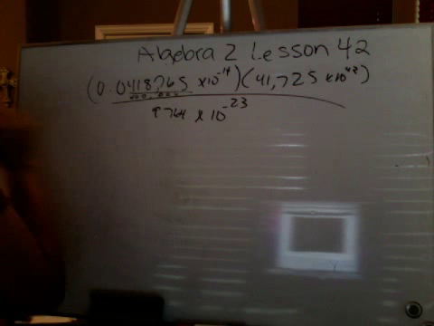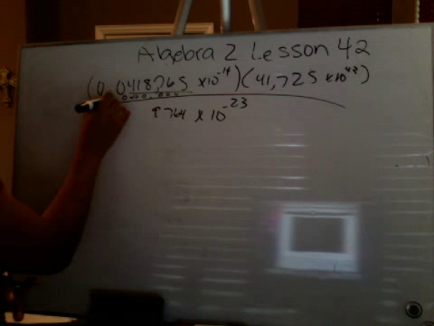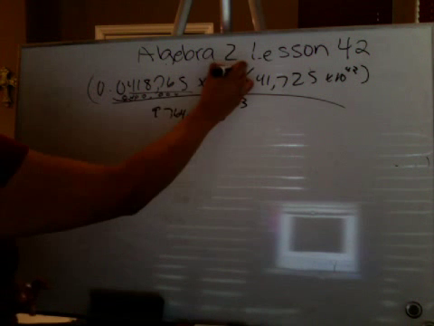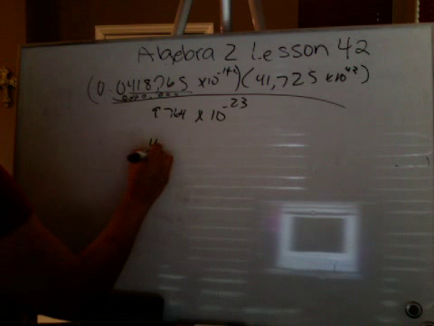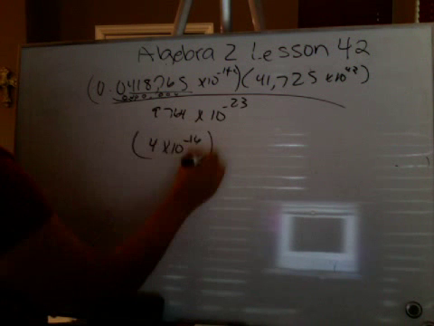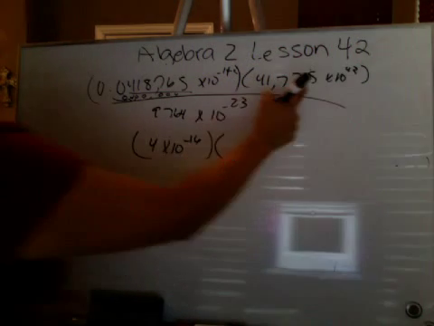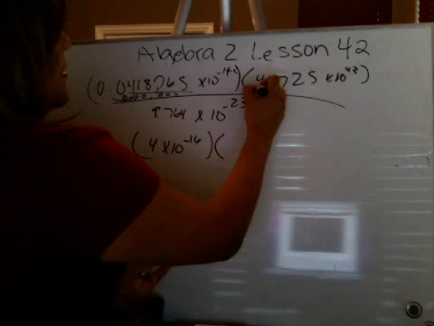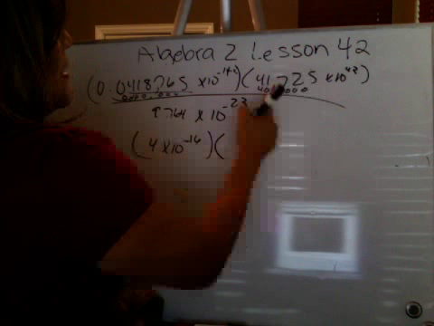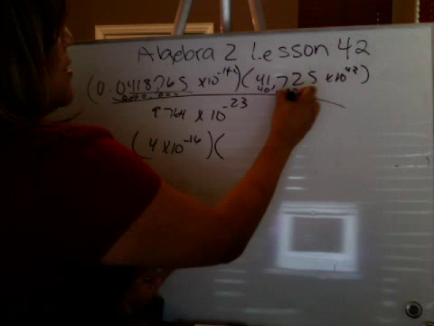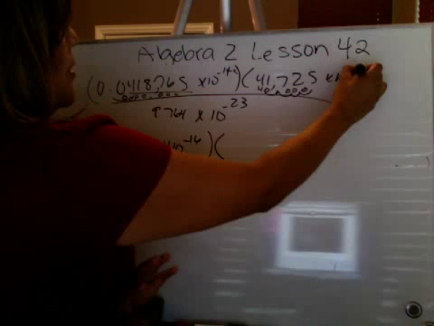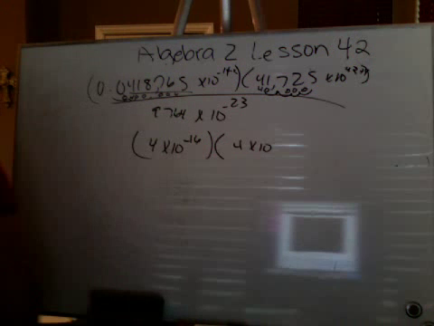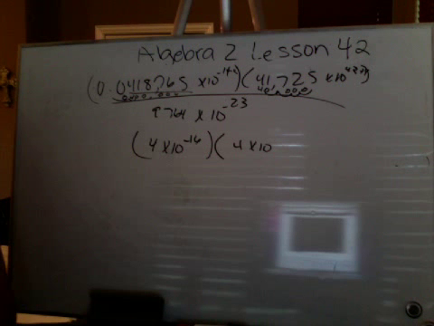So we're going to round to 400,000. Right? And there's a 0 there. And you want to change that to scientific notation. So you have to go 1, 2, minus 2. So you have 4 times 10 to the negative 16. Here, we're going to round to 40,000. So 1, 2, 3, 4, plus 4. So you have 4 times 10 to the, what was the original? I can't read my own handwriting.